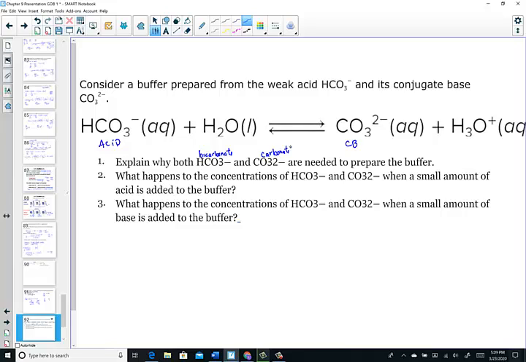Well, think about Le Chatelier. If I increase the concentration of one, we're going to shift this direction. If I increase the concentration of the other, we're going to shift the other direction. We need something on both sides of the arrow so that when a stress is added, we're able to combat the stress. So we need both the acid and the base to be sure we can counteract any stress.